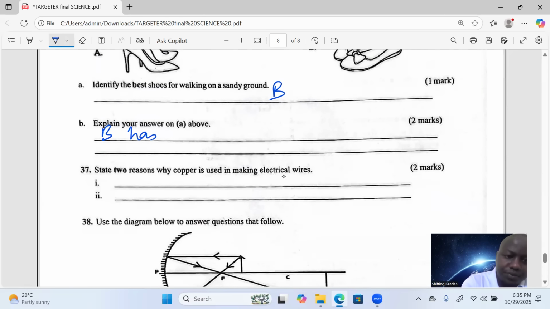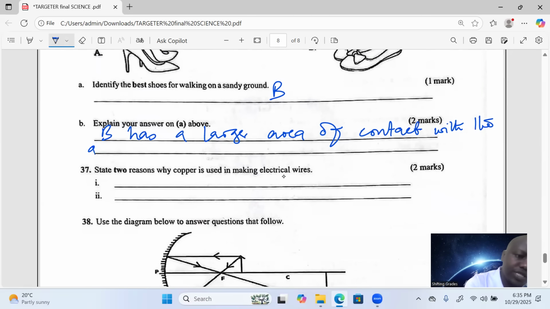B has a larger area of contact with the ground, which has sand, lowering the pressure exerted.